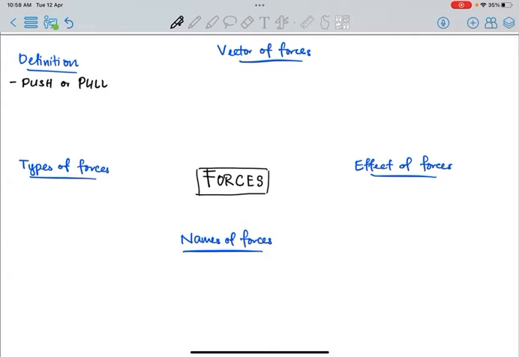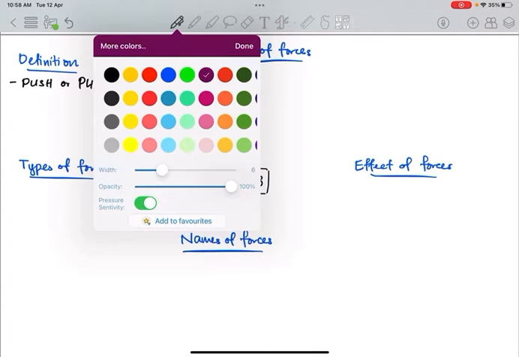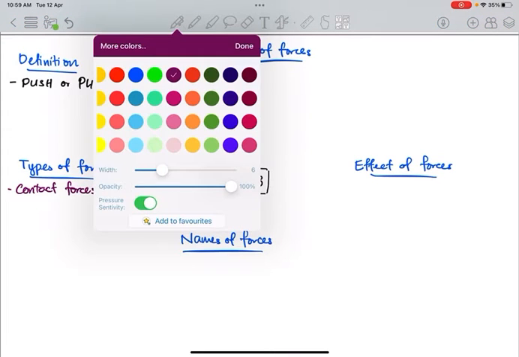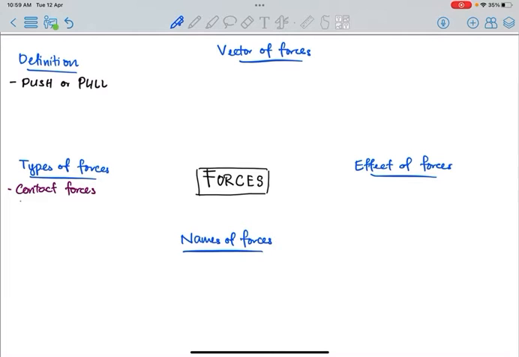Right? There are generally 2 types of forces: contact forces and non-contact forces. Contact forces are the type of forces which require objects to be touching each other, or the force acting onto the object requires it to be touching the object.